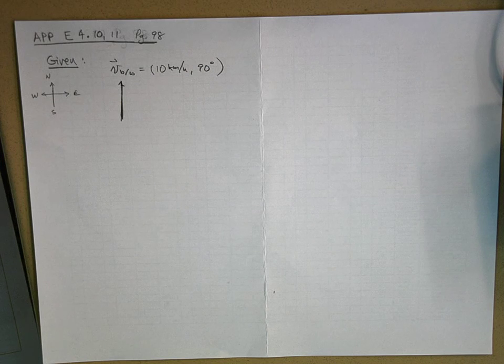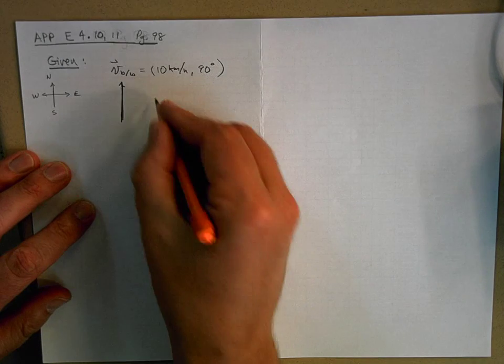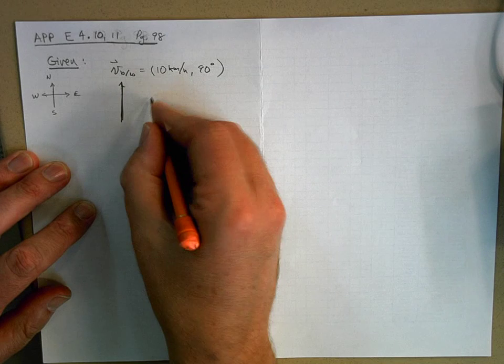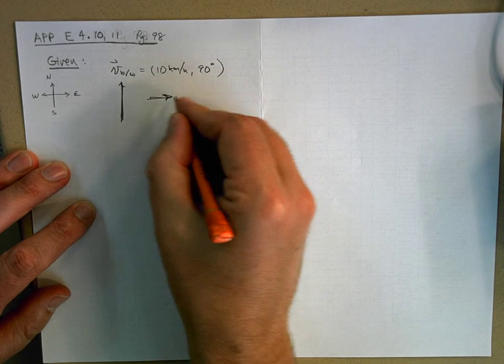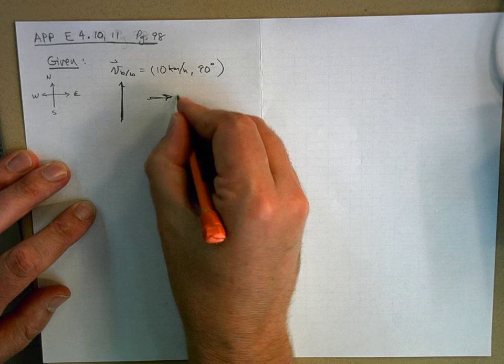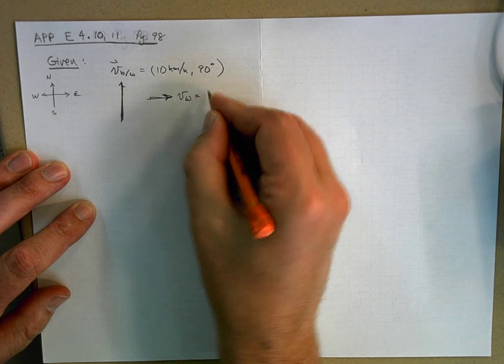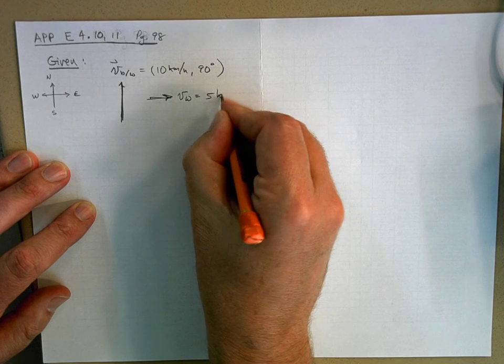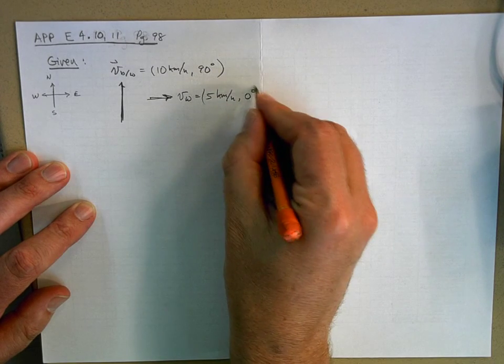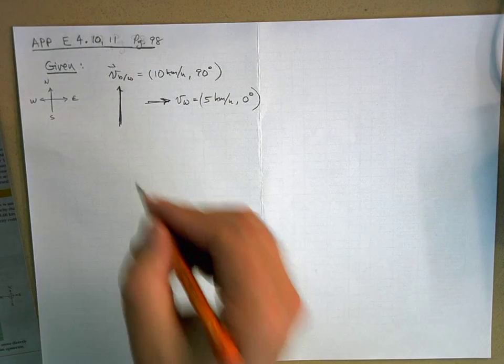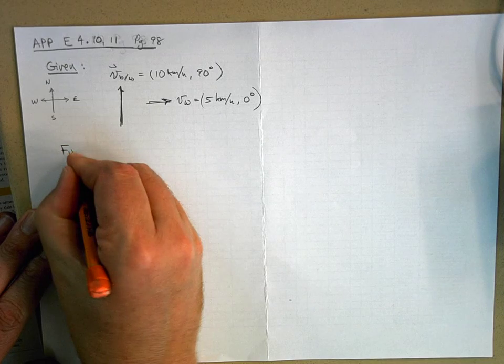And then it says the water in the river has a uniform speed of 5 kilometers per hour due east. So this is the velocity of the water equals 5 kilometers per hour at 0 degrees. And what are we trying to find?